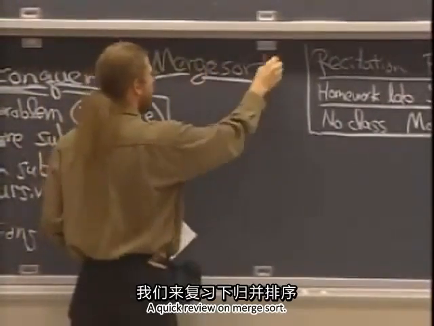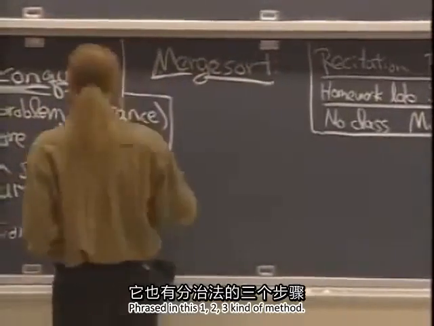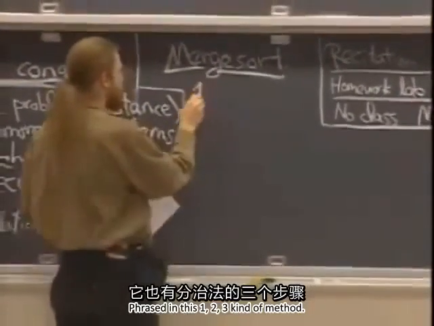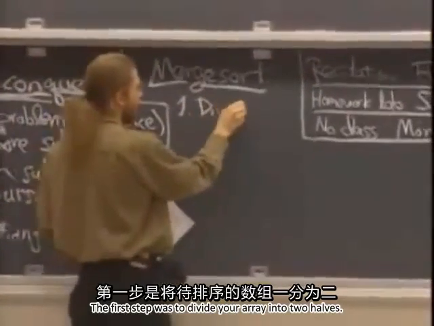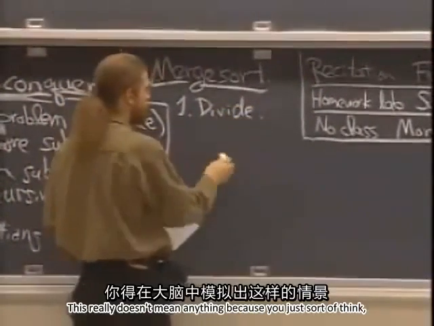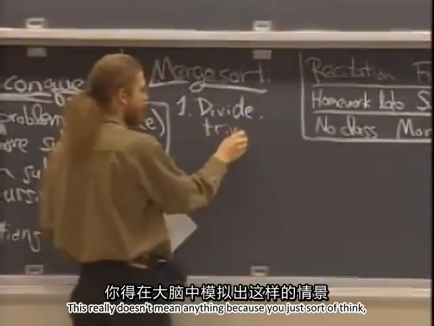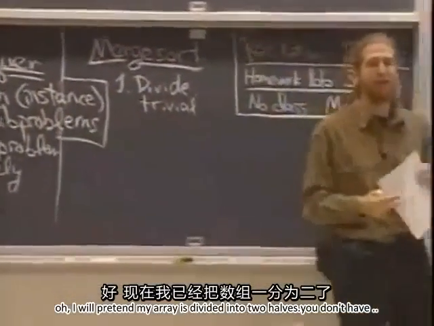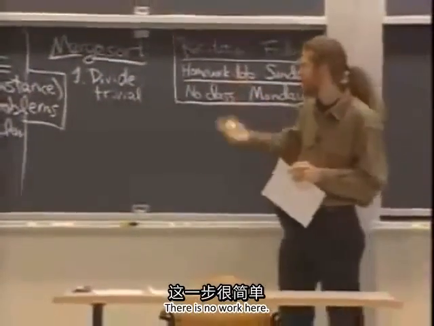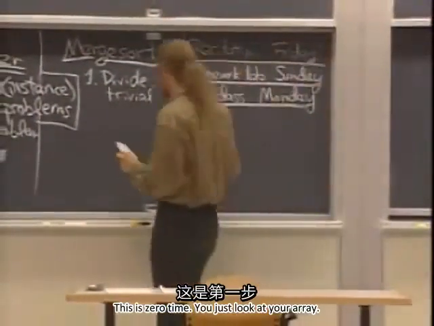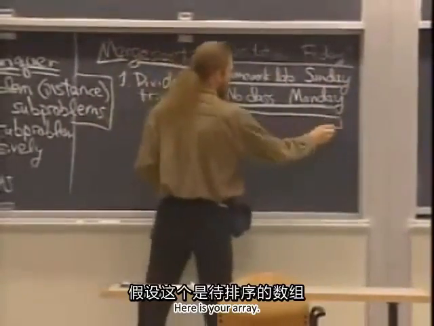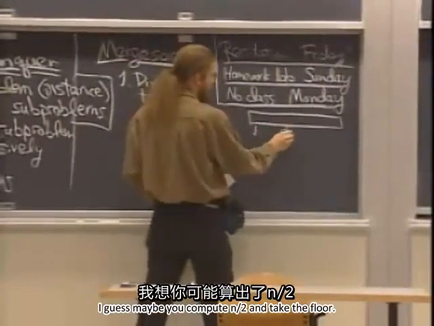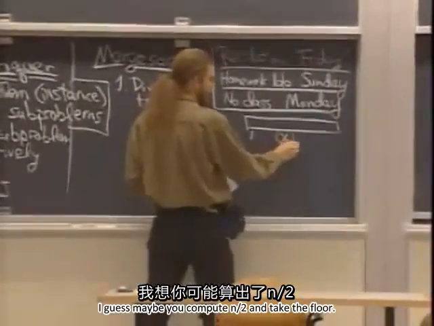So, a quick review on merge sort, phrased in this 1, 2, 3 kind of method. The first step was to divide your array into 2 halves. This really doesn't mean anything, because you just pretend your array is divided into 2 halves. There's no work here. This is 0 time. You just look at your array. Here's your array. I guess maybe you compute n over 2 and take the floor.